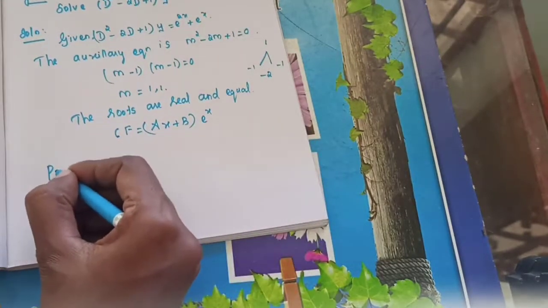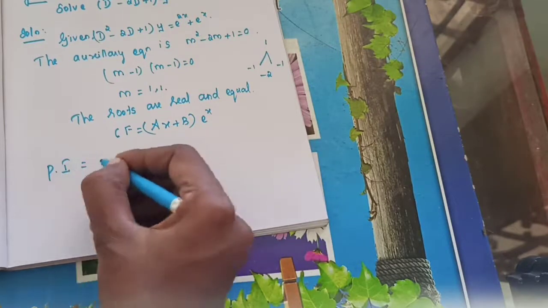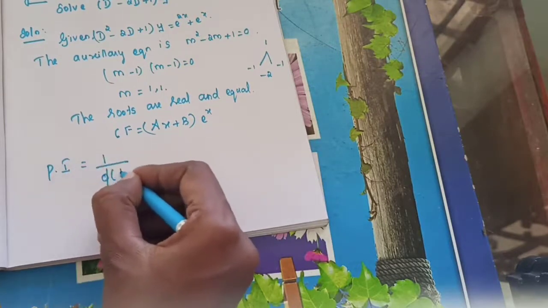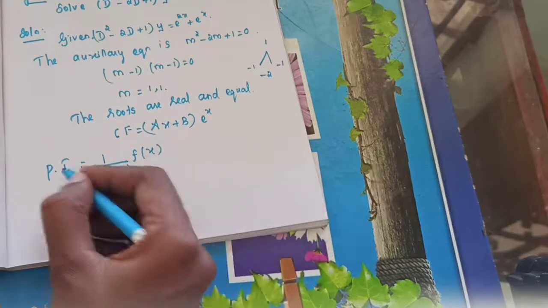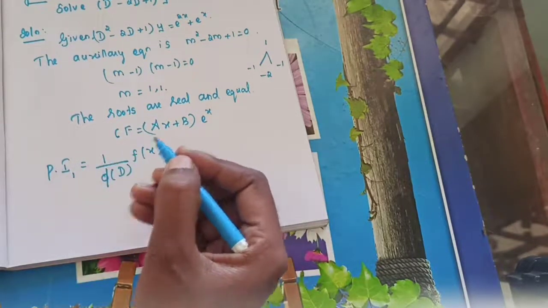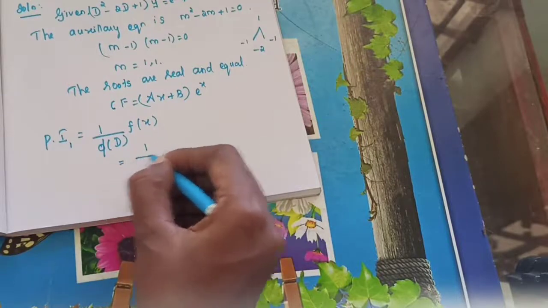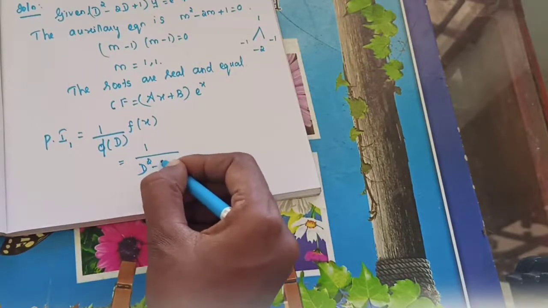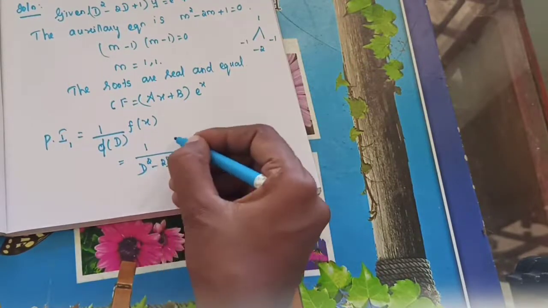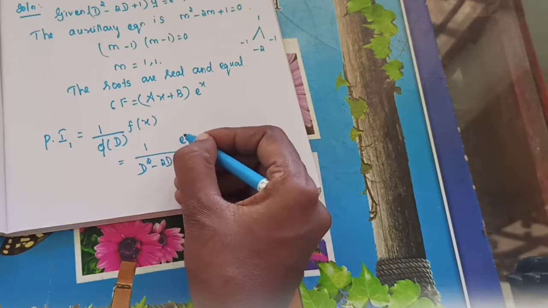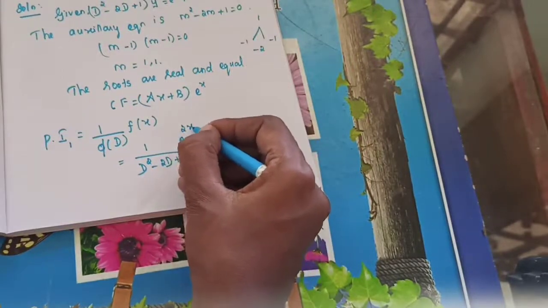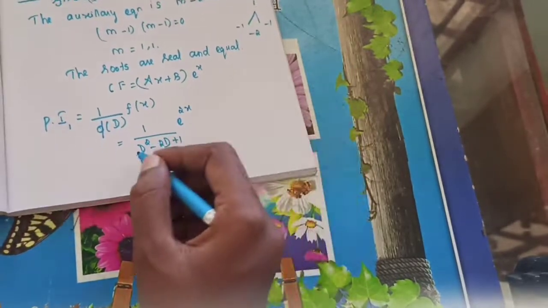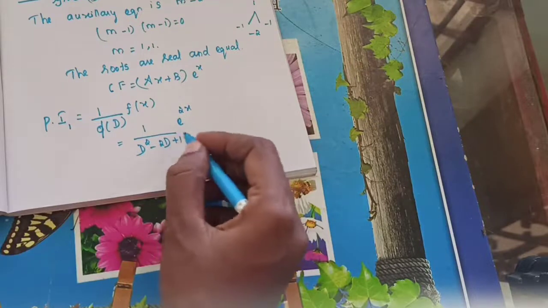Now you are going to find the particular integral: 1 by phi of D into f of x. This is the formula. For particular integral 1, first you will do 1 by D square minus 2D plus 1 e power 2x, correct? First one, e power 2x. What will you do?